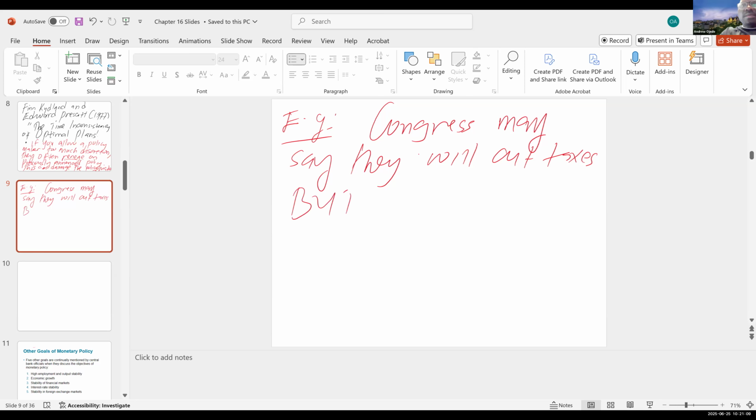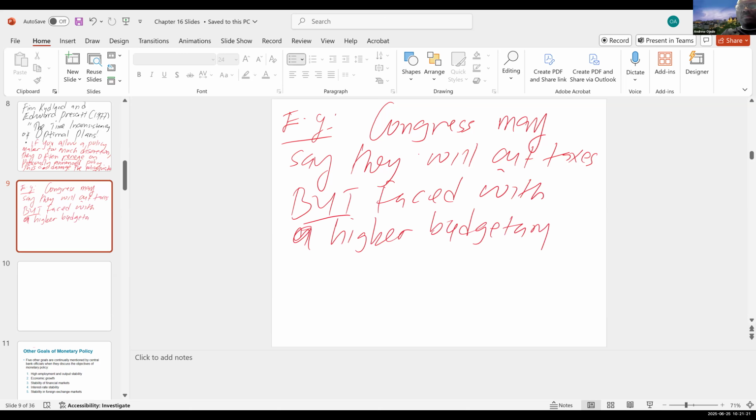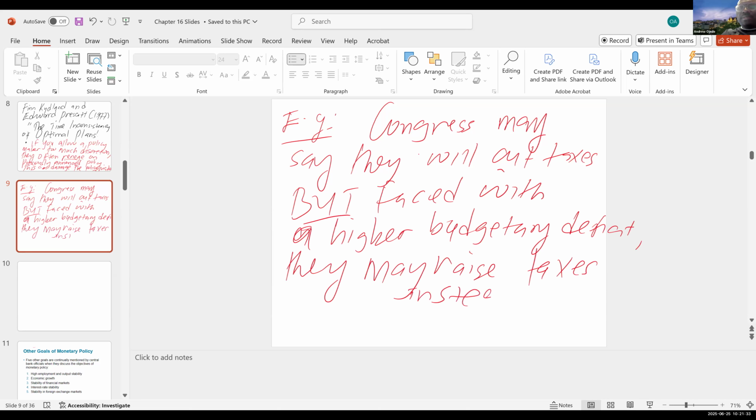But faced with a higher budgetary deficit, they may raise taxes instead. That becomes a time inconsistency problem.